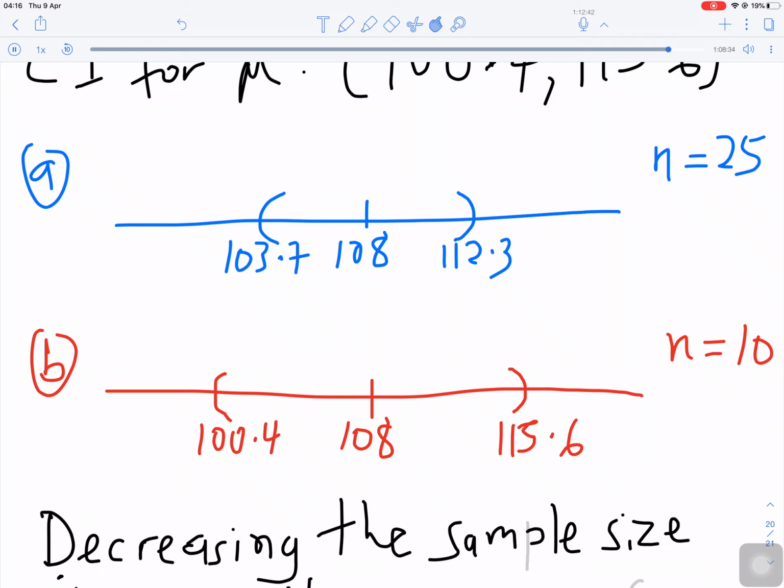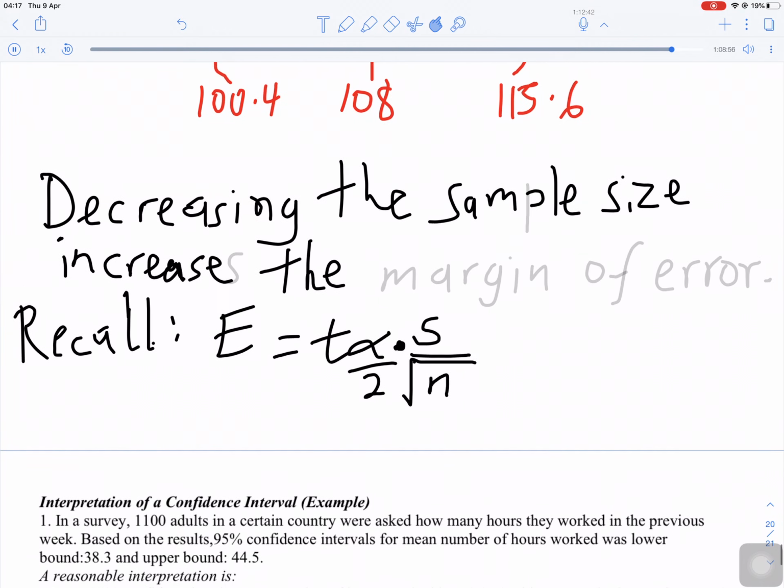Looking at the picture that I've drawn, you realize that the interval is wider when the sample size is smaller. And if the interval is wider, it means the margin of error is also larger, right? So the conclusion is that decreasing the sample size increases the margin of error.